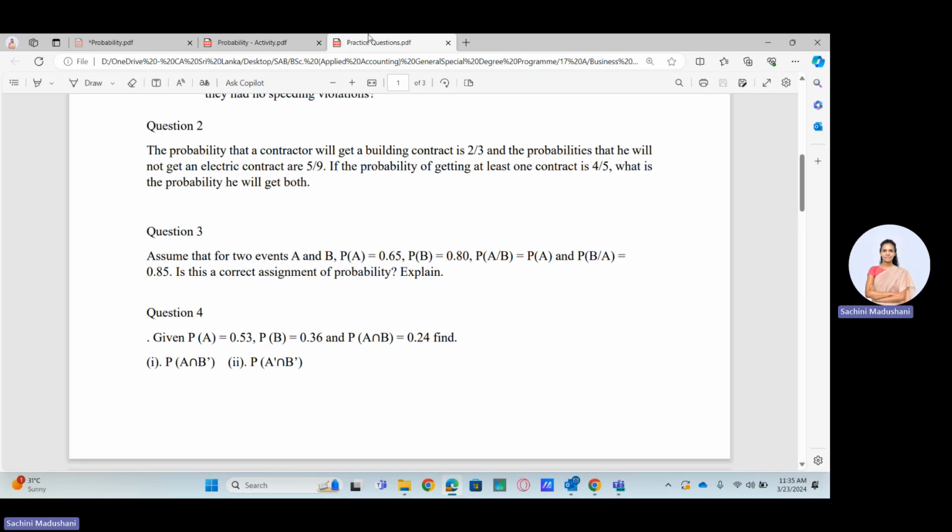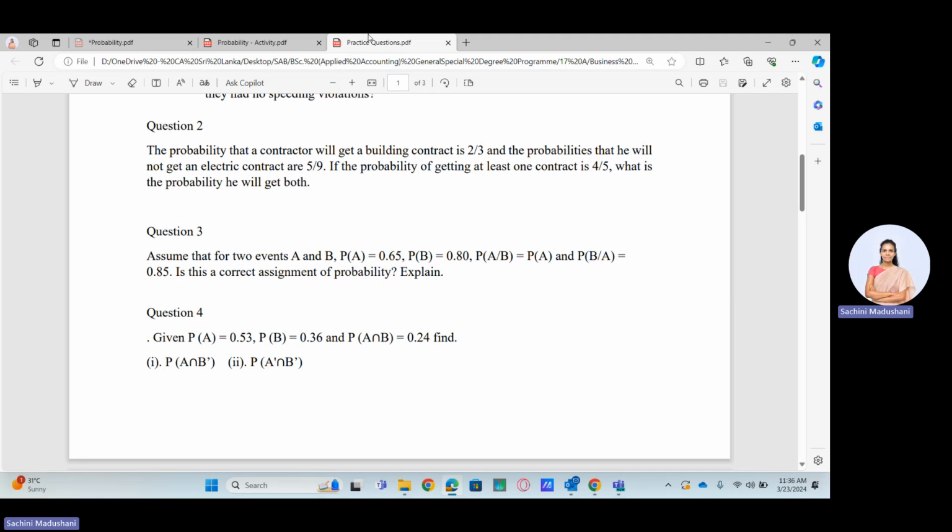In the previous question, there were part 1 and part 2. There were 18 candidates who failed both. It means the complement of the union, 18 failed. It means that they failed both, the same as both will not occur. It means A dash intersection B dash.